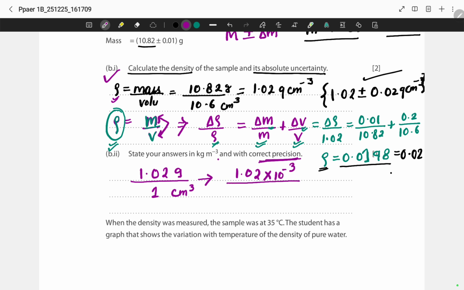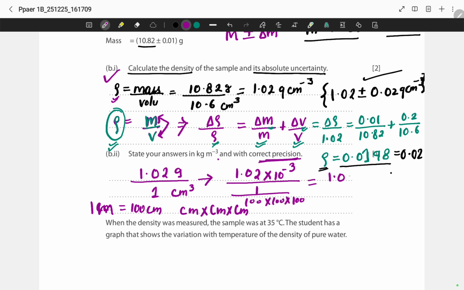And centimeter cube to meter cube. 1 meter equals 100 centimeter. In order to convert centimeter to meter, I have to divide by 100. But this is centimeter cube, which means centimeter times centimeter times centimeter, so I have to do it thrice. I'll have to divide 1 by 100 into 100 into 100 in order to convert it into meter cube.